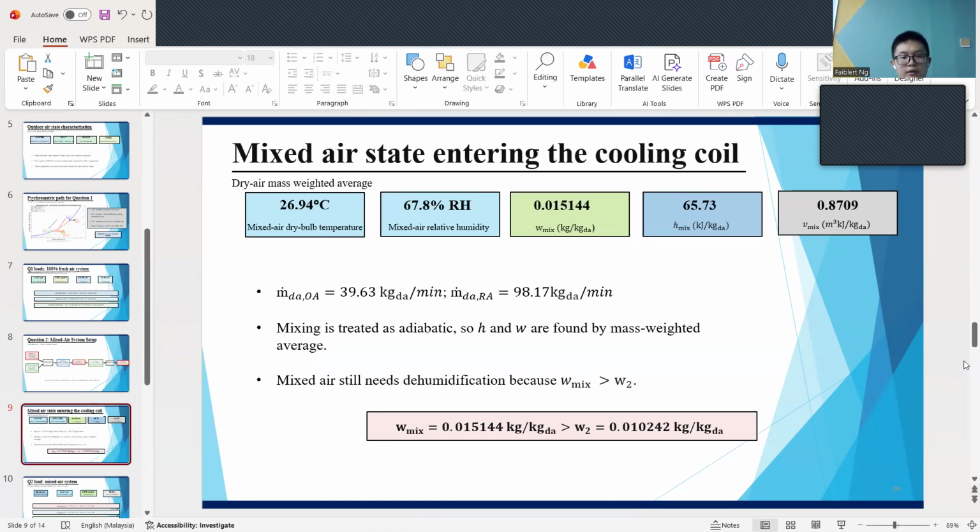This slide shows the properties of the mixed air entering the cooling coil. The dry air mass flow rate of outdoor air is 39.63 kgDA/minute. The dry air mass flow rate of recycled air is 98.17 kgDA/minute. Since the mixing process is assumed to be adiabatic, the mixed air humidity ratio and enthalpy are found using the dry air mass weighted average.